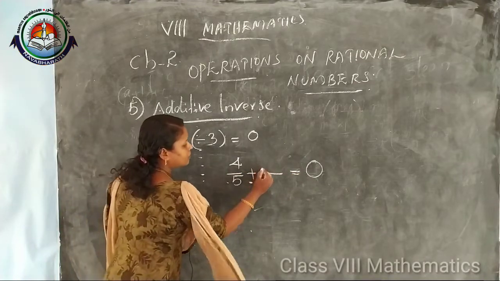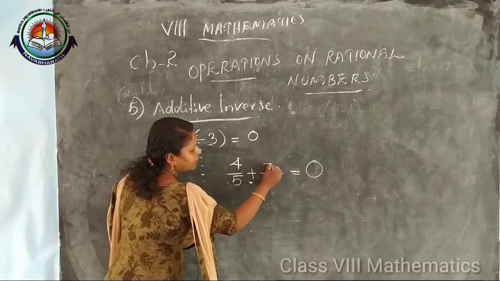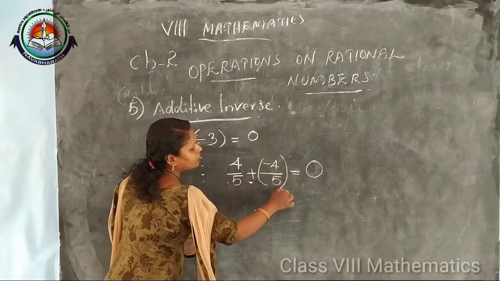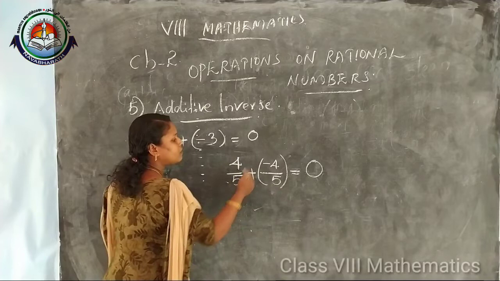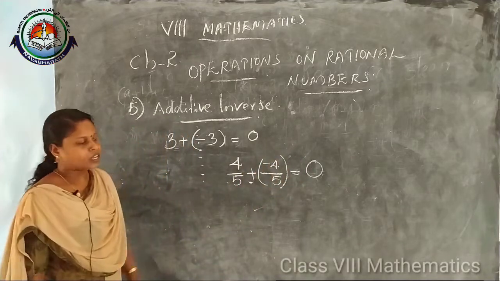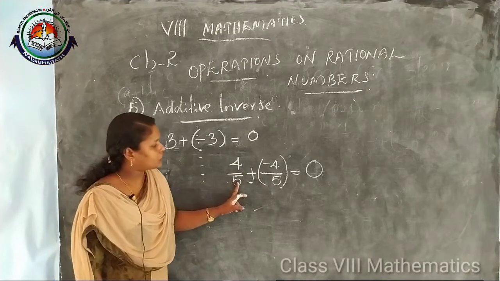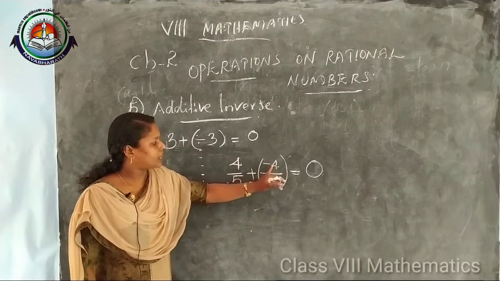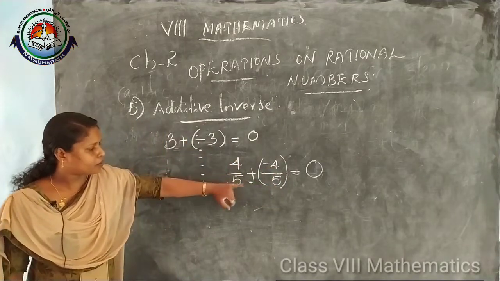Here we have positive 4/5. If we add negative 4/5 to 4/5, we will get 0. So we can say 4/5 is the additive inverse of negative 4/5, and also negative 4/5 is the additive inverse of 4/5.